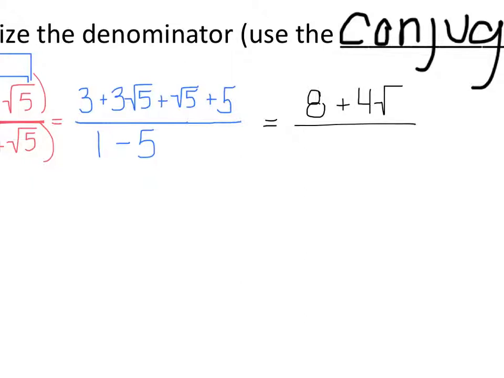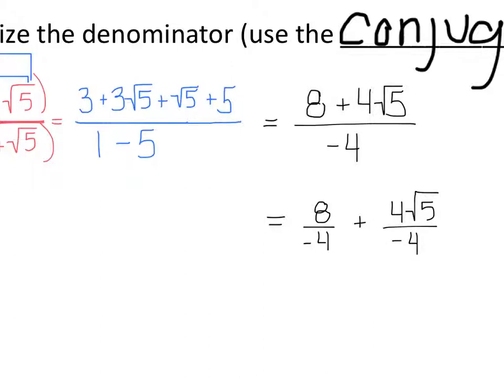Okay, so on top, what do you get? 4 square root of 5, because you had 3 plus 1 more right there. And then on the bottom, we got negative 4. But here, we can cancel our 4s. So to make this a little easier, I'm going to write them as 2 separate fractions, because you can do that, just to make sure that everything gets canceled.